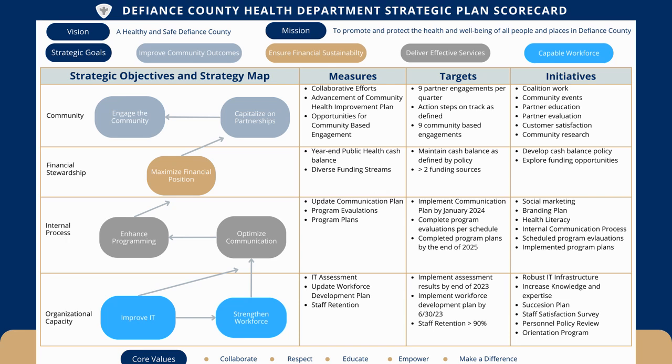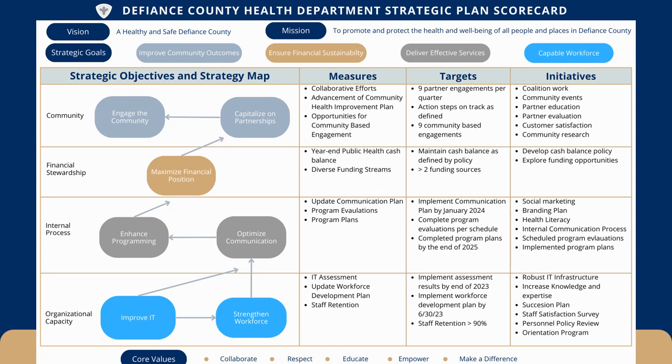Our goals are to improve community outcomes, ensure financial sustainability, to deliver effective services, and to have a capable workforce. Looking back in column 1 in the color-coded bubbles, you will see the strategic objectives that align with each of these goals.